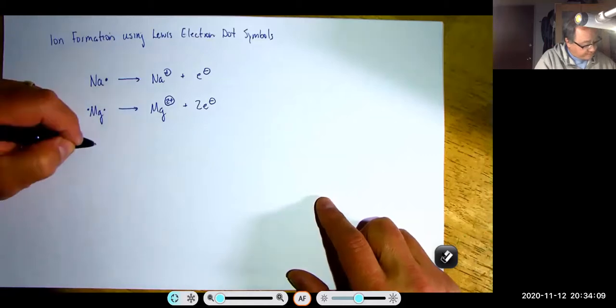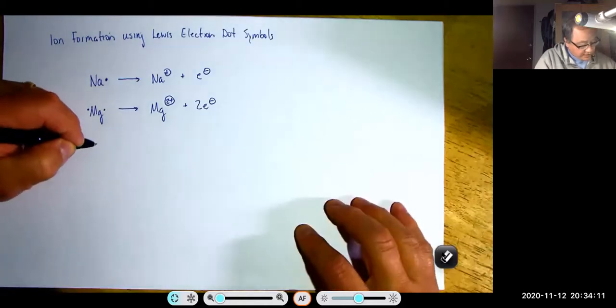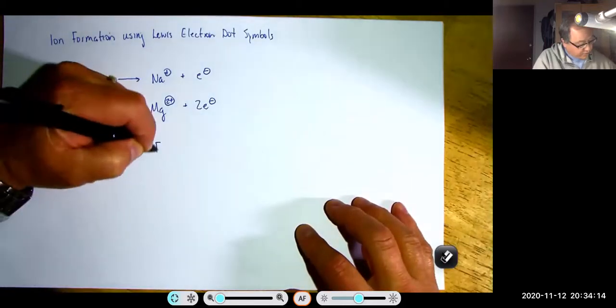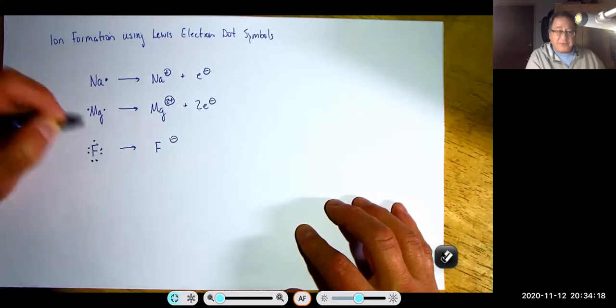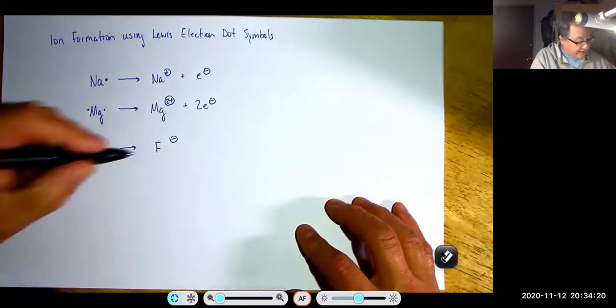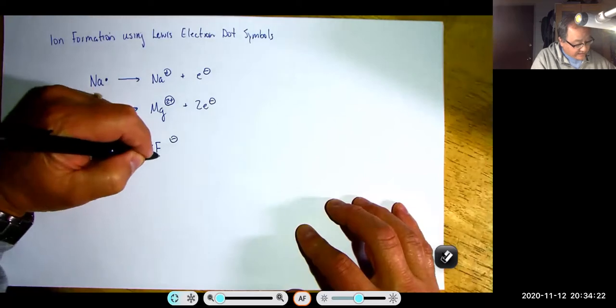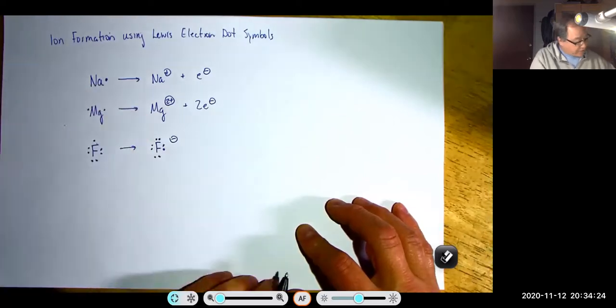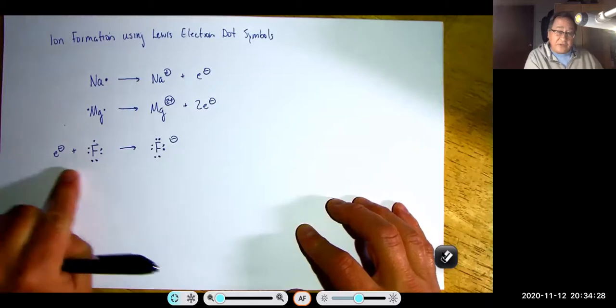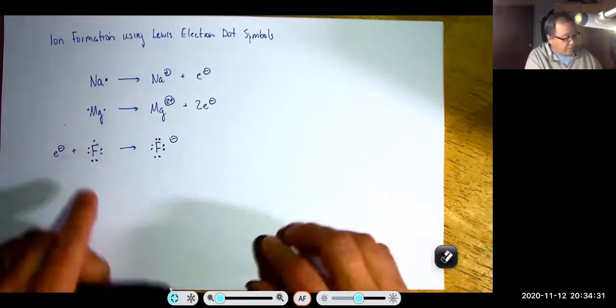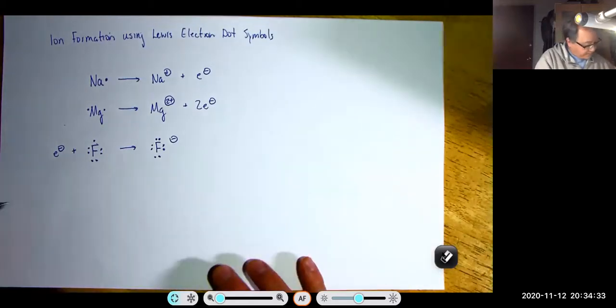So if you take a look at, say, fluorine, which turns into a fluoride ion, well, fluorine has 7 valence electrons. How does this become a fluoride ion? It gets an 8th electron. So we have to counter that by putting that there's an electron being added to the neutral atom of fluorine to give you a fluoride ion.